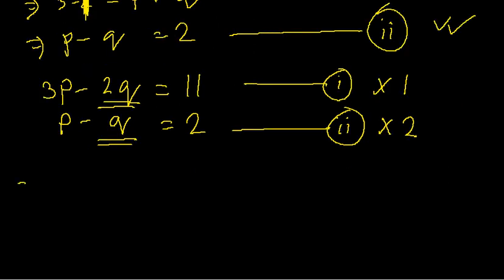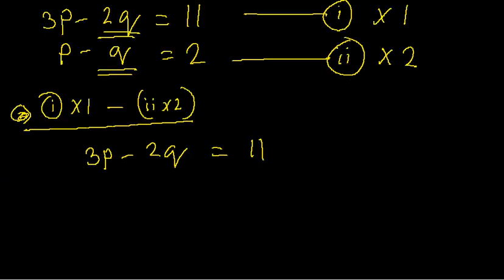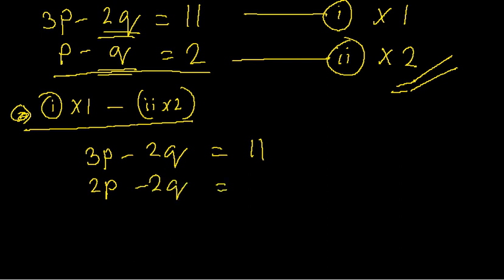So here is the short note: equation 1 into 1, minus equation 2 into 2. From this operation we get 3p minus 2q equals 11, and p minus q equals 2 multiplied by 2 gives 2p minus 2q equals 4.